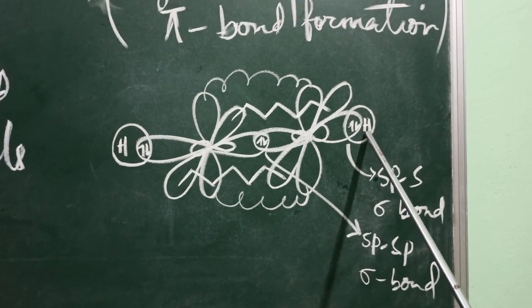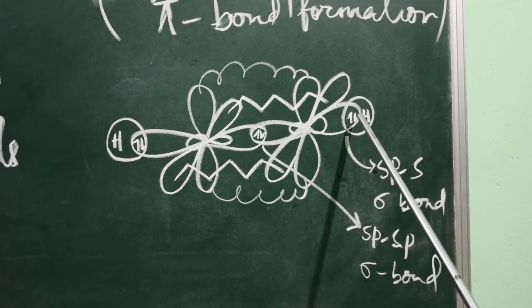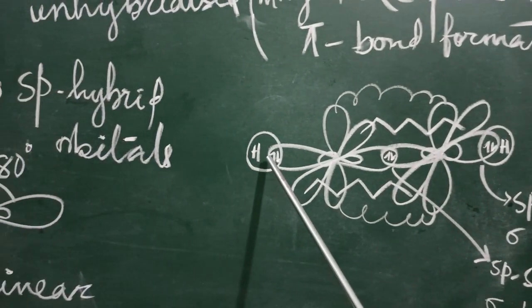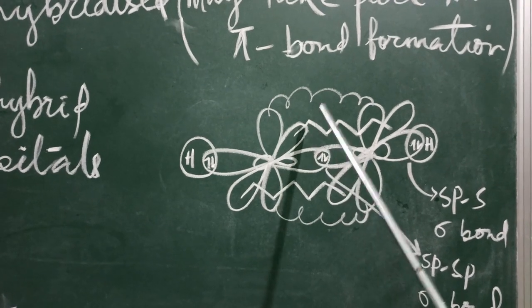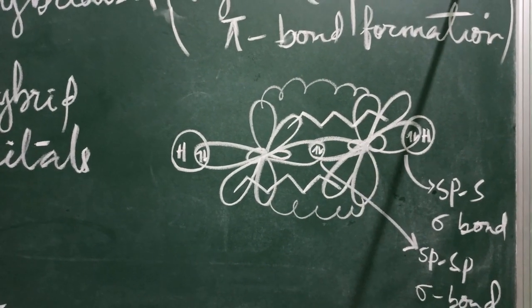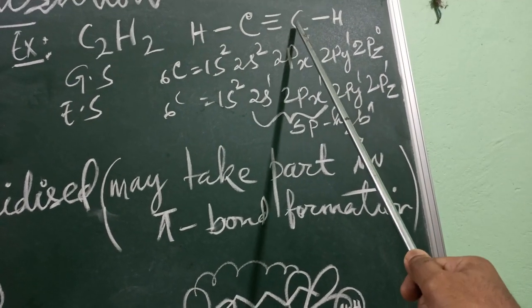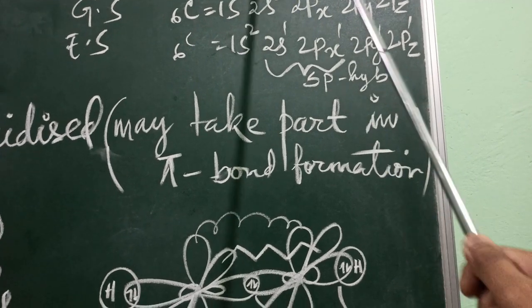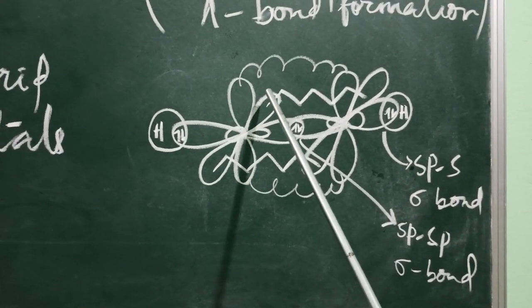Here is the hydrogen making a sigma bond when it overlaps head on with the sp hybrid orbital, and similar is the case here too. The remaining two p orbitals of both carbons, you see how they overlap.